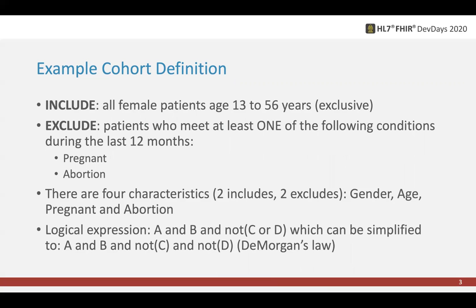So for this simple cohort definition example, we have 4 characteristics, 2 includes and 2 excludes: gender, age, pregnant, and abortion. Logically, the expression would essentially be A and B, and not C or D, which can be simplified into A and B and not C and not D.